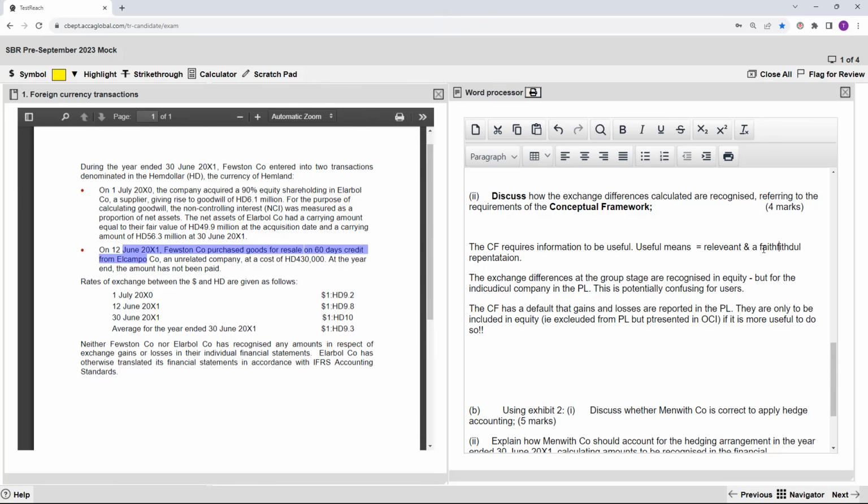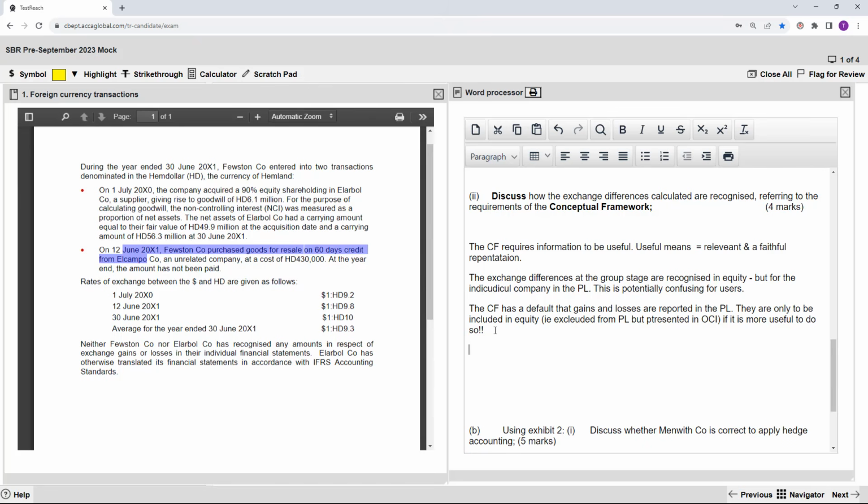However, partly because I'm a bit of a show-off, maybe this is something that I can add a bit of value to and carry on a little bit more. Why are we taking group exchange differences to equity? I don't think they should be included in the P&L.